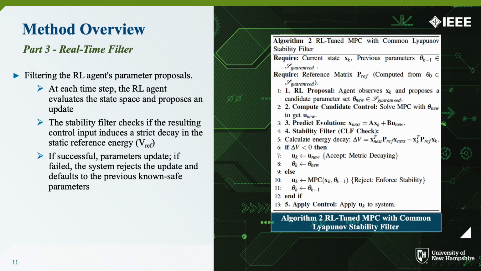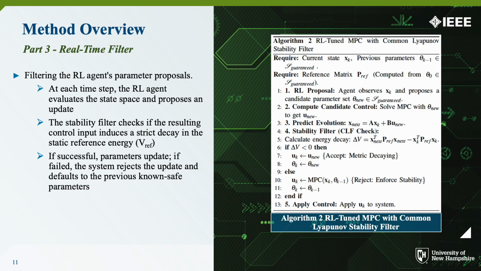Finally, we implement the real-time stability filter shown in Algorithm 2. At every time step, the RL agent proposes a new parameter update. Before the update is applied, the stability filter calculates if the resulting control input induces a strict decay in our static reference energy metric.